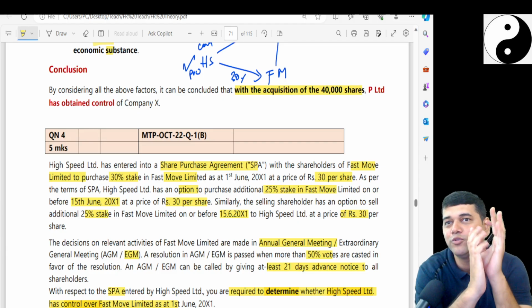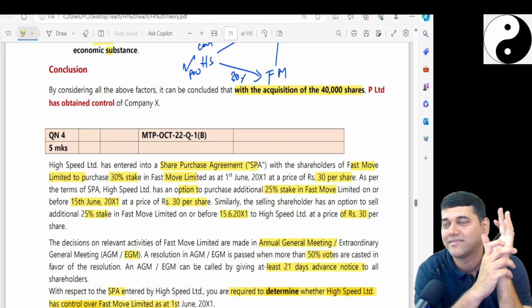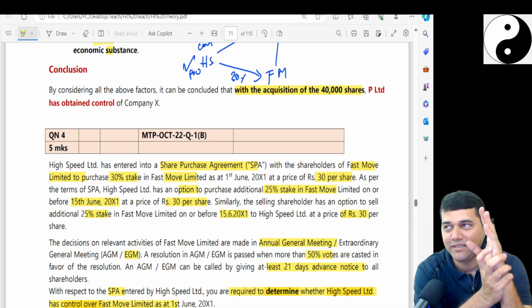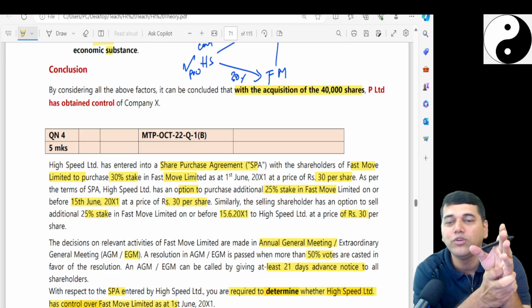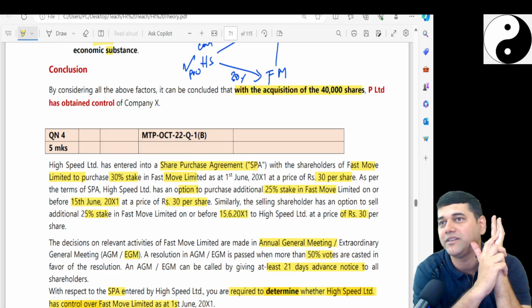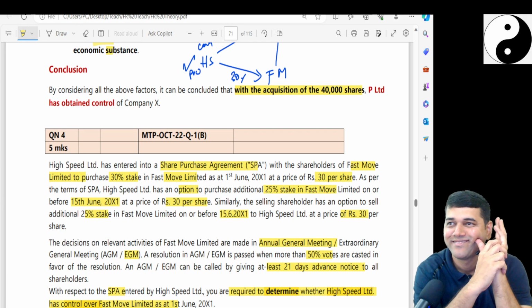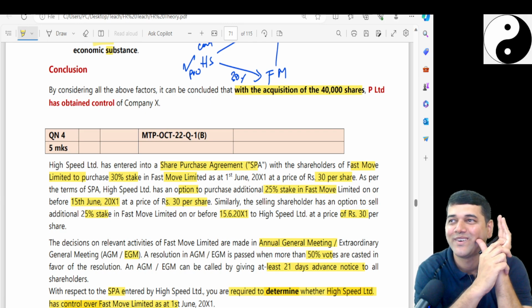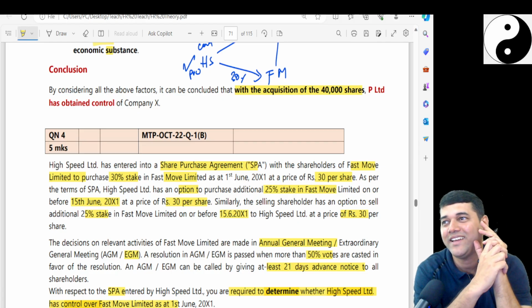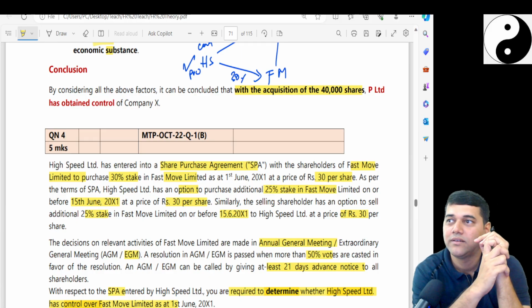Whether on 1st June, Fast Move Limited is your associate or a subsidiary? Or are you able to control it now with this 30% stake? Why? What about other people?